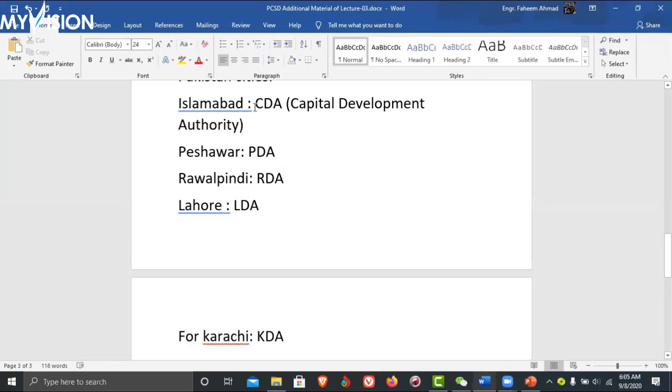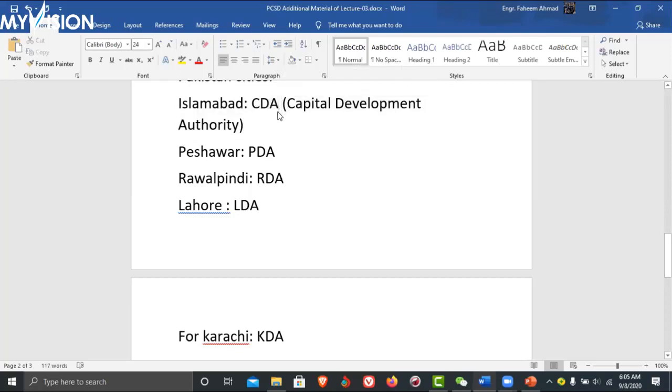to follow the guidelines which are provided by the specific development authority. For example, if you want to construct a building in the area of Islamabad, then you have to follow the guidelines provided by CDA.